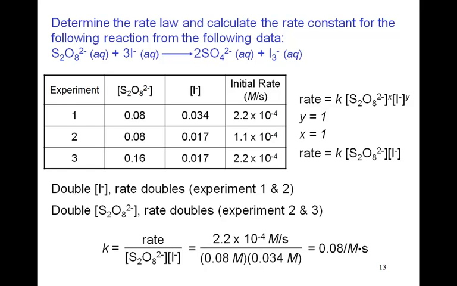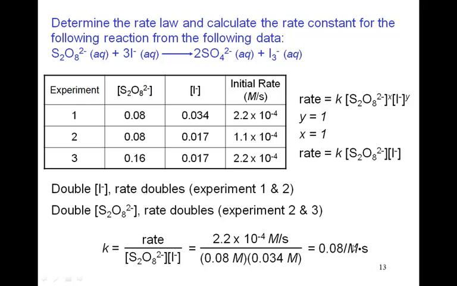Unfortunately, the units of K change depending upon the number of reactants and also the values of x and y. There's a simple way to figure out the units for the rate law constant.